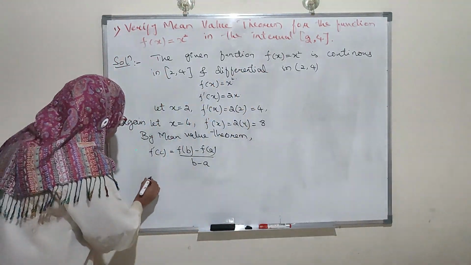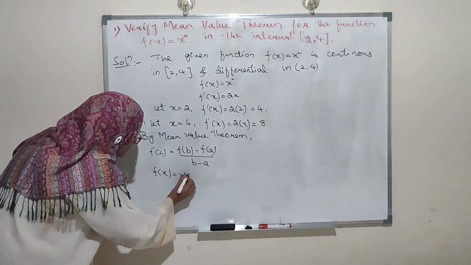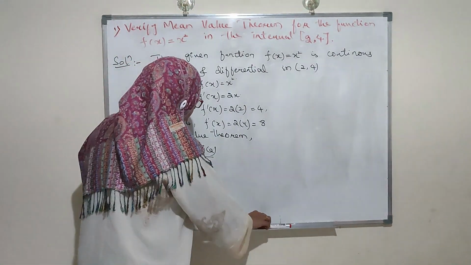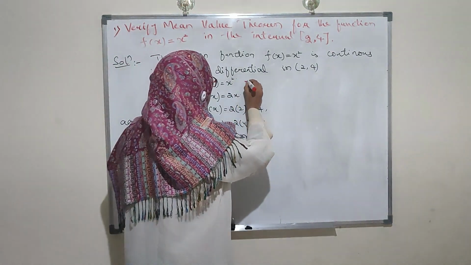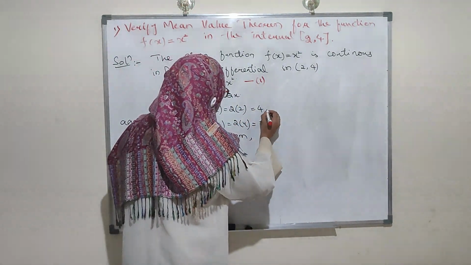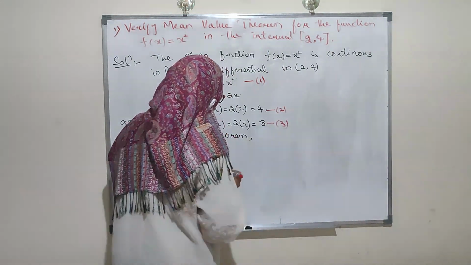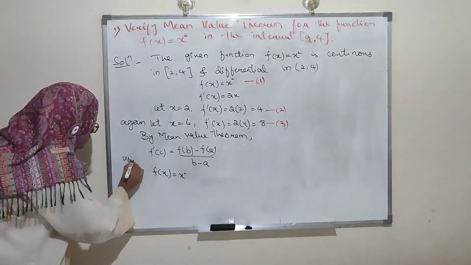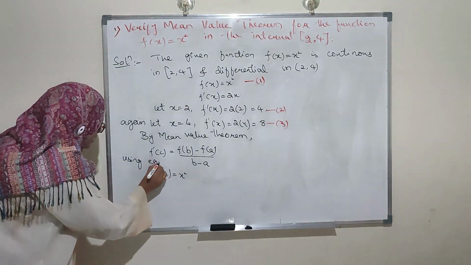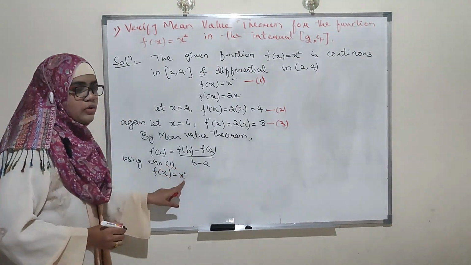f of x is given to you as x square. Name these as equation 1, equation 2 and equation 3. By using equation 1, f of x is equal to x square.